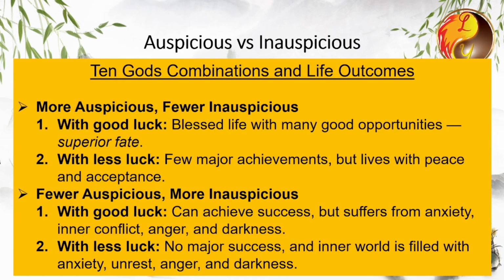The imbalance of the 10 gods reflects deficiencies in personality and destiny. If a 10 god is missing, certain aspects of their character will be lacking. Different 10 gods represent different personality traits, as we discussed in previous lessons. Missing a 10 god means the person's character will lack something.